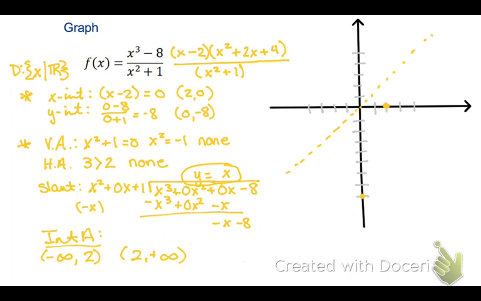So let's do like -6 to make this obnoxious. Well, -6 cubed. On this one, I'm putting it back into the original, just because. I think it's easier. -6 cubed is a negative, minus 8 is a negative. And then -6 squared is a positive, plus a positive is a positive. So the whole thing is going to be negative, which there's our -8, right?